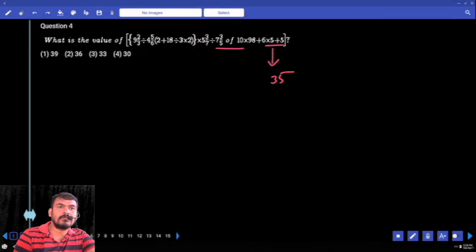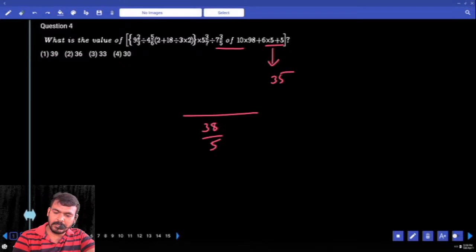Half value. This one we written 7 3 by 5 into 10 into how much value? 98. 7 3 by 5 means 38 by 5 into how much? 10 into 98.